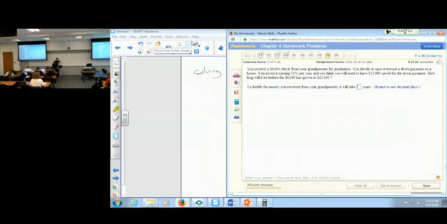Alright, number 19 says you receive a $6,000 check from your grandparents for graduation. You decide to save it toward a down payment on a house. You invest it earning 11% per year. Nice. And you think you will need to have $12,000 saved for the down payment. How long will it be before the $6,000 has grown to $12,000?